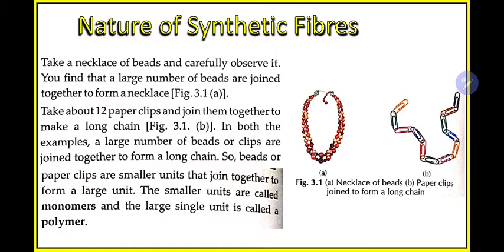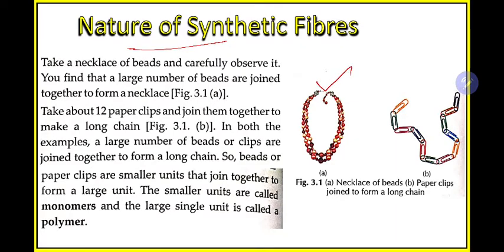Before going to each type in detail, we need to learn what is the nature of this synthetic fiber. We can learn everything, but basic is important. So now we will learn what is the nature of these synthetic fibers. Before going to the text part, just do some small activity which will help you to understand these things.